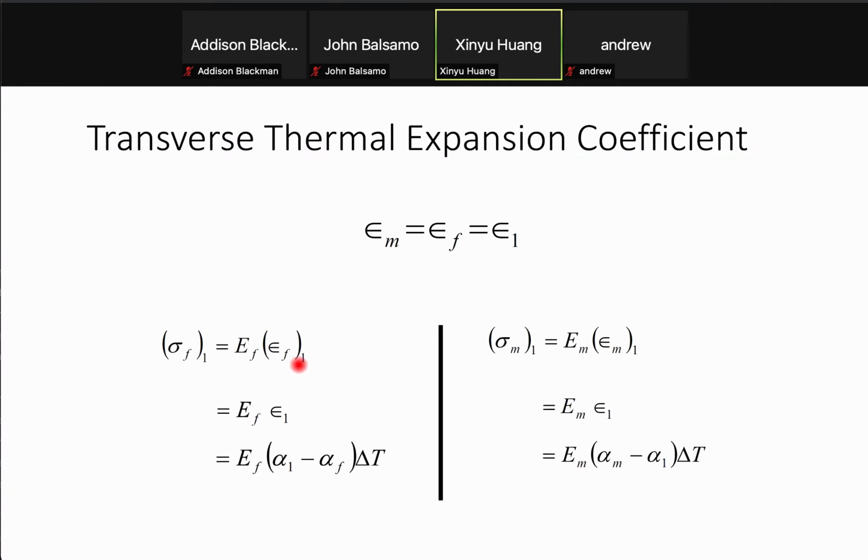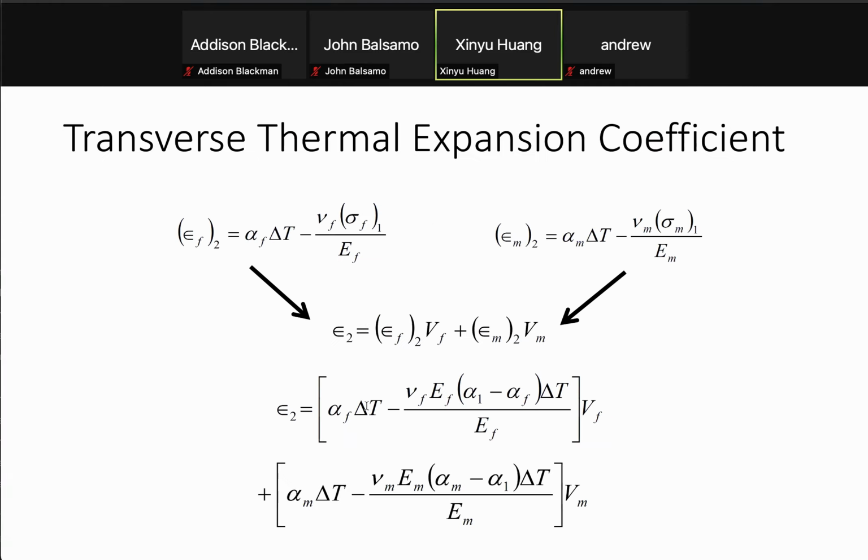So this E1 is this number, and we require that the fiber and matrix maintain the same strain, whatever that strain is. They have to match. And then due to this strain, there will be some stress in the fiber and some stress in the matrix. They all equal this number in one direction. And in the two direction, they just add up.